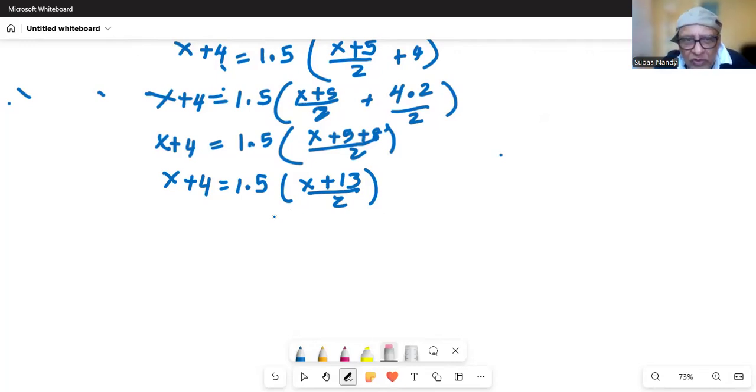I want to remove that 2 from the denominator, so I have to multiply both sides by 2.